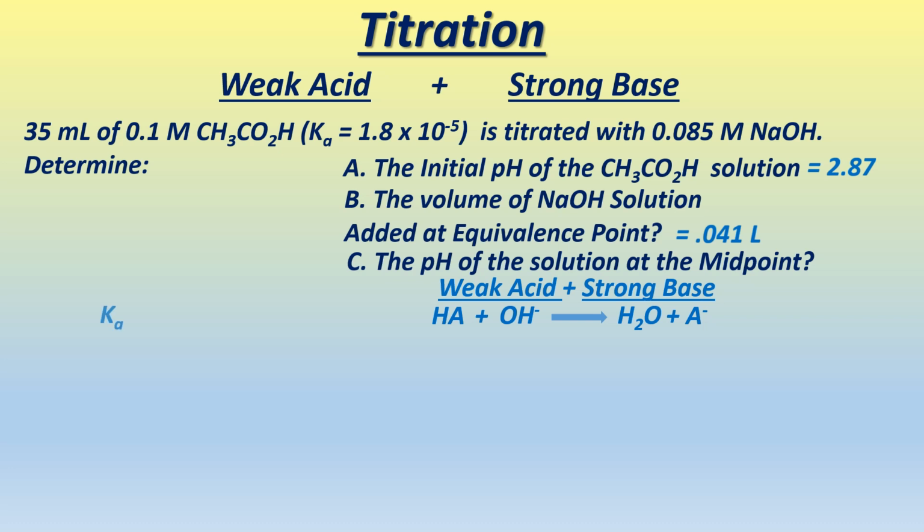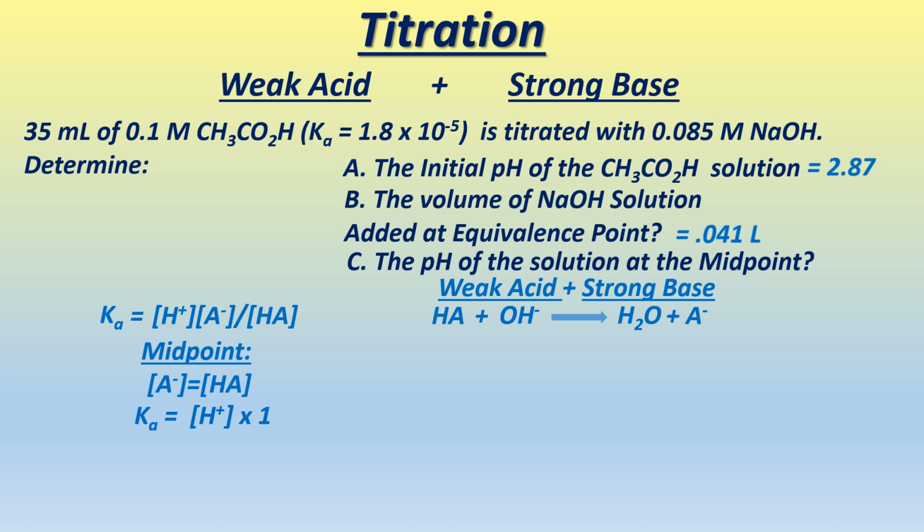If I look at any weak acid as an equilibrium constant of H plus A minus over HA, at the equivalence point, all of my HA has been turned into A minus. At the midpoint, I am 50-50, so A minus is equal to the concentration of HA.